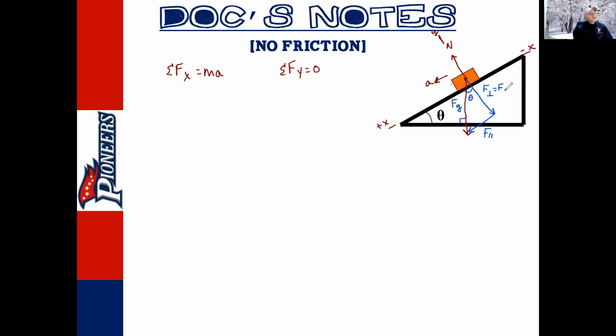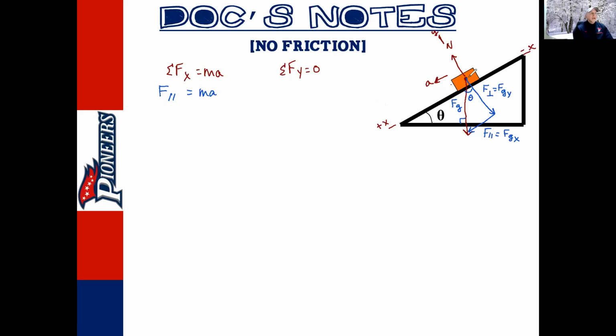And this would be FG Y, or you can just put F perpendicular, or FG X. So now I want to make my equations. In the X plane, I just have this component, right? That's the driving force. This is what makes people go down the ski slope, or if you're going sledding, right? That is the driving force. So I'm going to put F parallel equals MA.